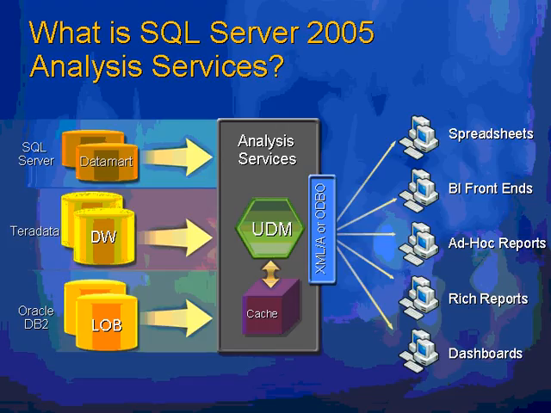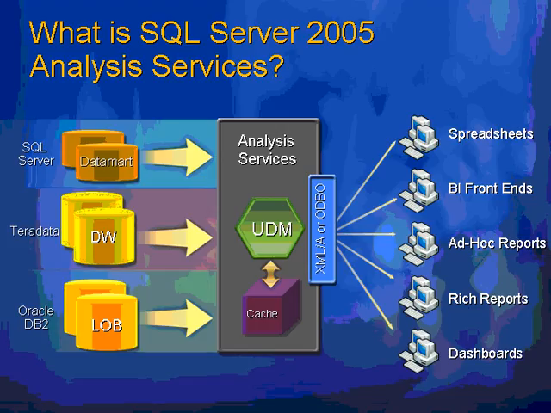So just a quick overview of what exactly Analysis Services is and what problem it's trying to solve here. One way of thinking about it is Analysis Services is a bridge. It's a bridge between data warehouses, data marts, operational systems, and end-user tools like spreadsheets, reporting tools, ad hoc analysis tools, that sort of thing.